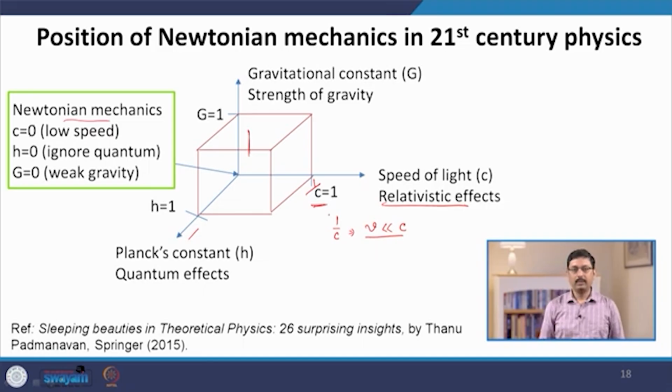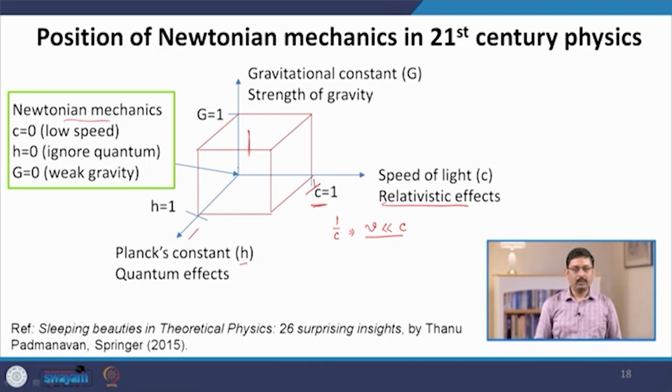And if 1 by c is 1, that means we cannot ignore relativistic effect, we have to include the relativistic corrections explicitly. Similarly, if I take h to be 0, that means I ignore quantum effects, and h equal to 1 represents the fact that in the natural phenomenon that we are studying, quantum effects are very significant and you cannot ignore them.